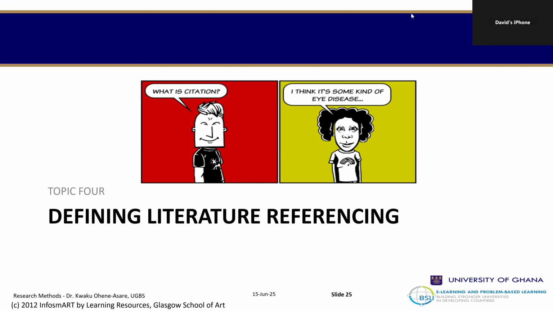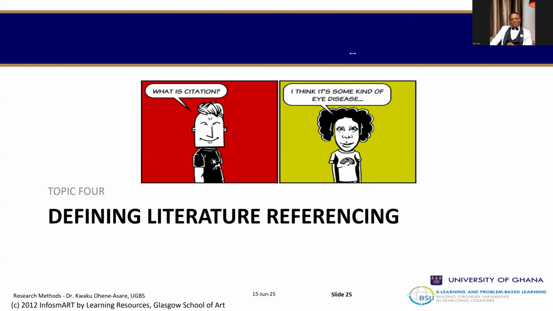But with a bibliography, we put our referencing at the end of our paper. It provides full details of all sources that you consulted as you were conducting your research. Okay, good.